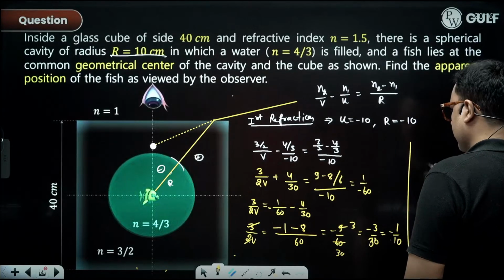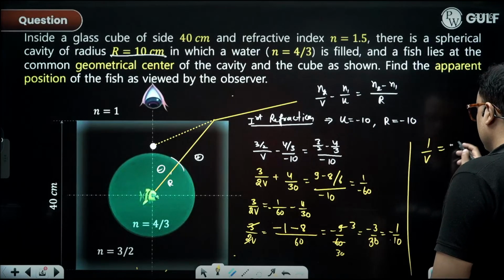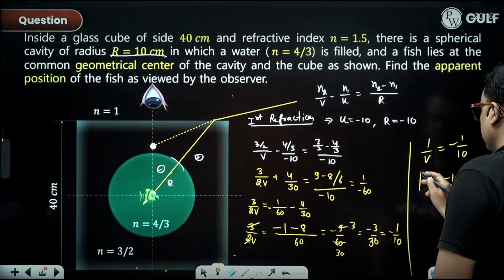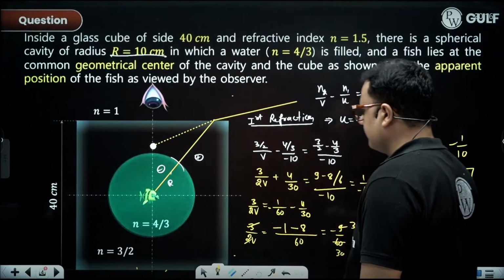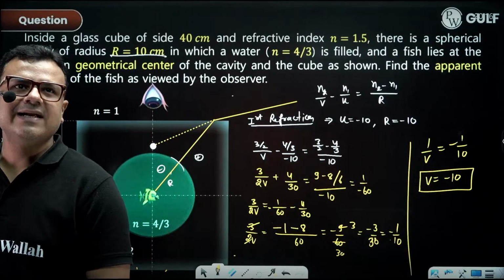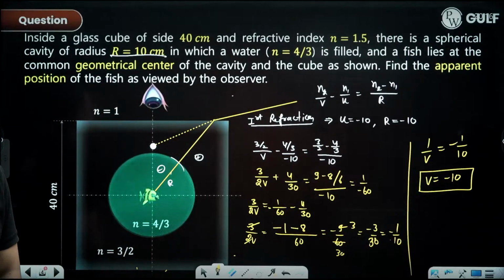So what we get is 1 upon V will be equal to minus 1 upon 10, so V will be equal to minus 10. That was the obvious thing, meaning the ray will retrace back to its previous position.